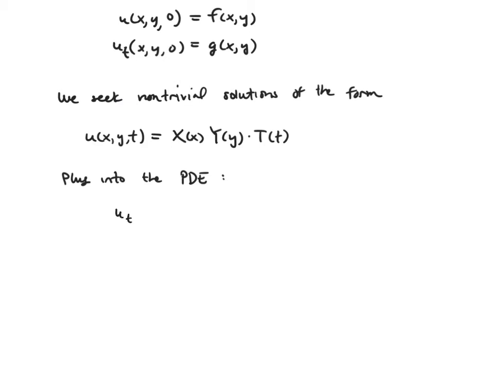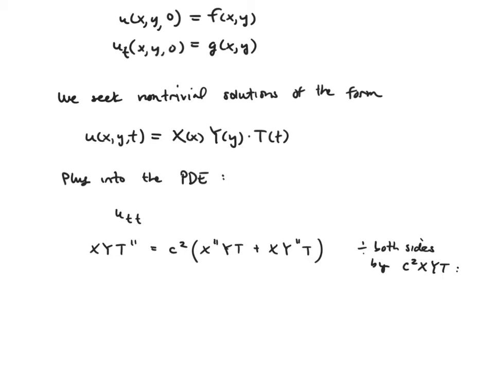U_tt would give me X Y T double prime equals c squared u_xx, so that's X double prime Y T, plus u_yy would be X Y double prime T. Okay, what I'm going to do is divide both sides by c squared X Y T.